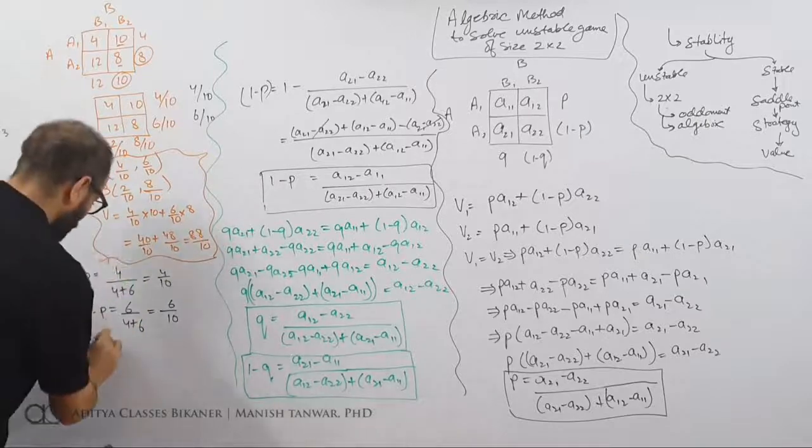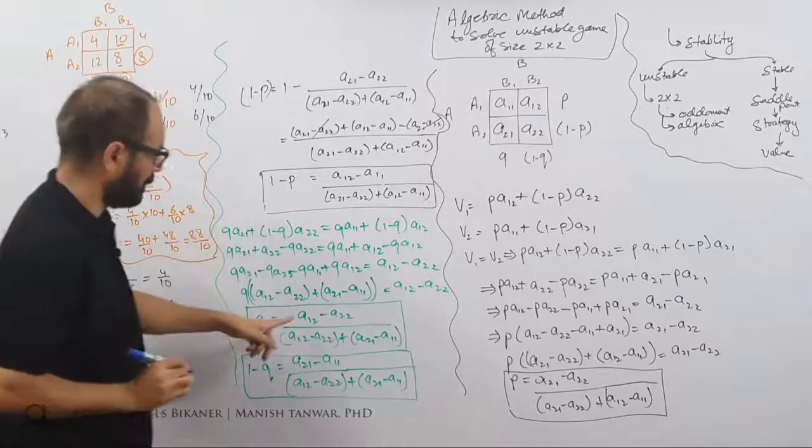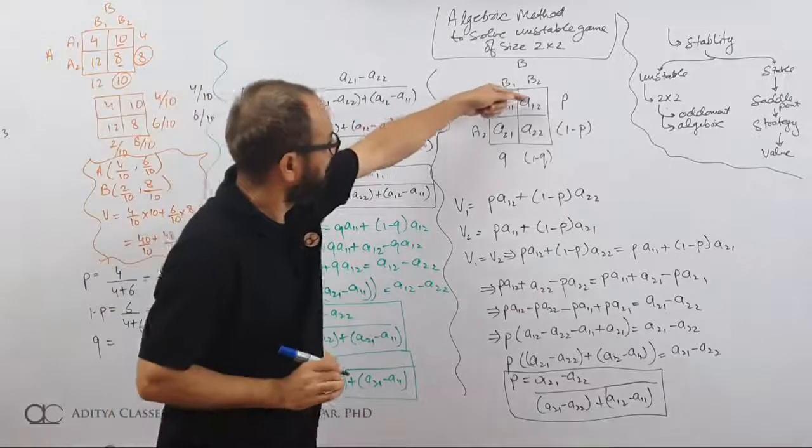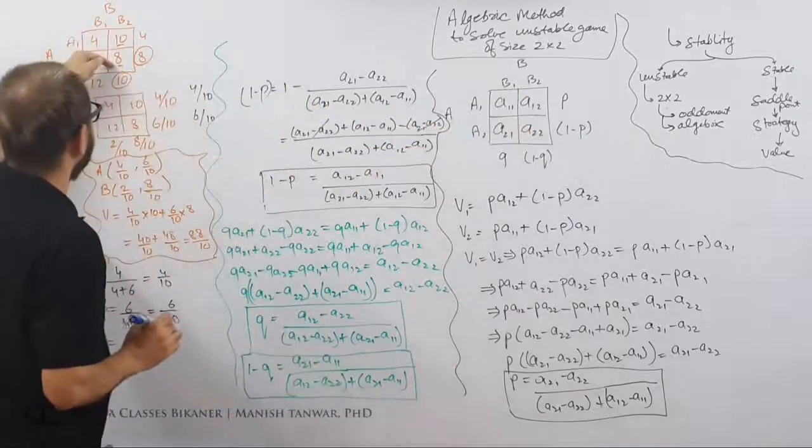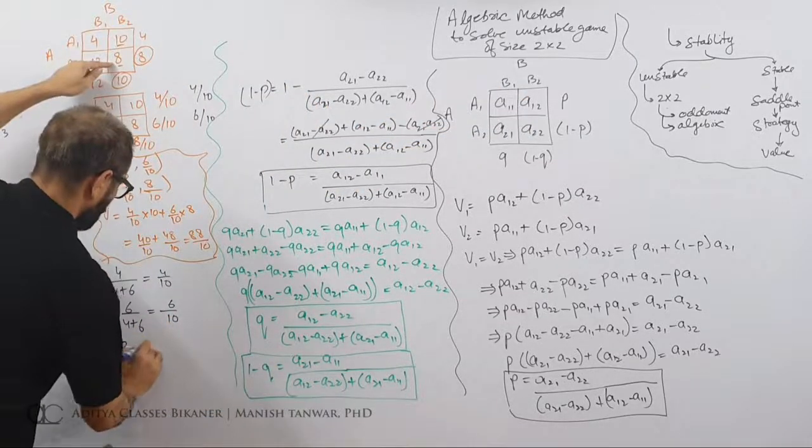If you try to find out Q, A12 minus A22, 10 minus 8, 2.